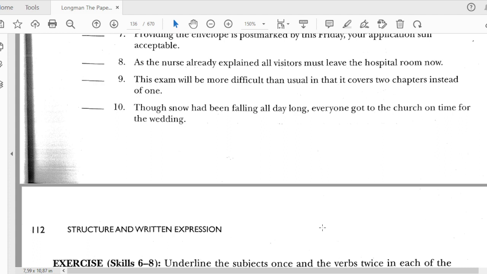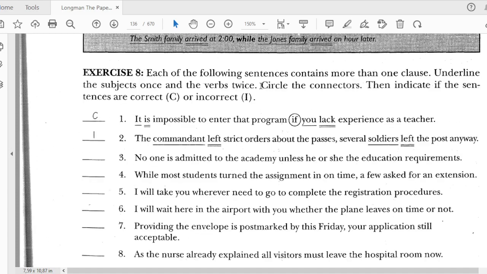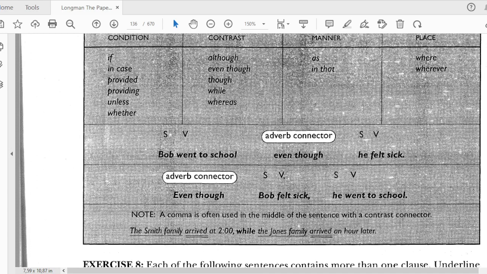Number 9. This exam will be more difficult than usual.